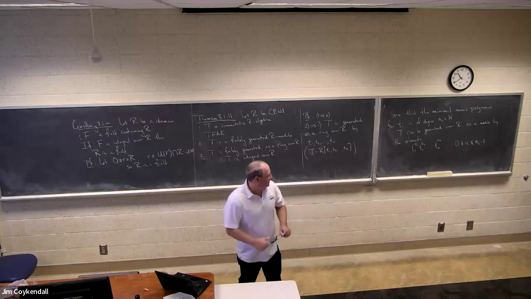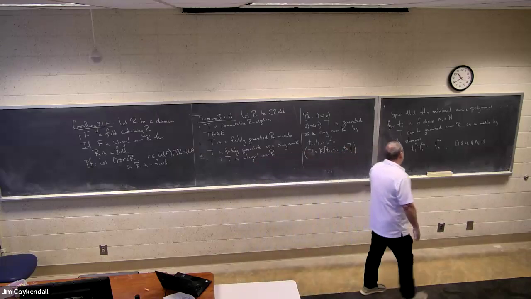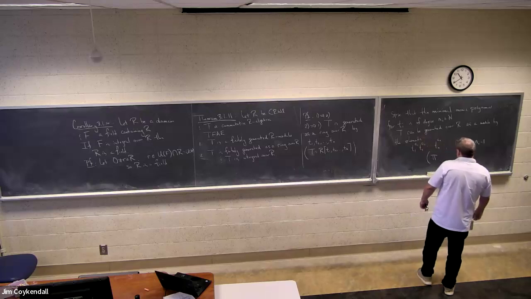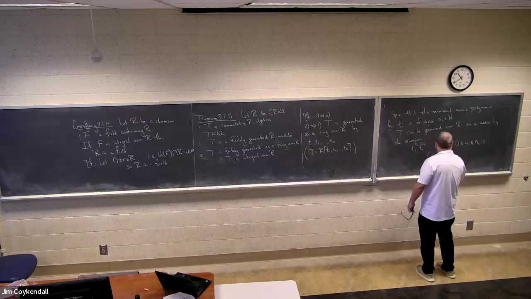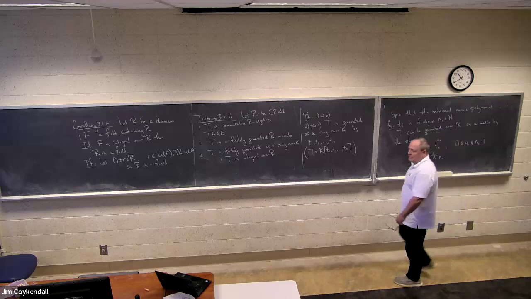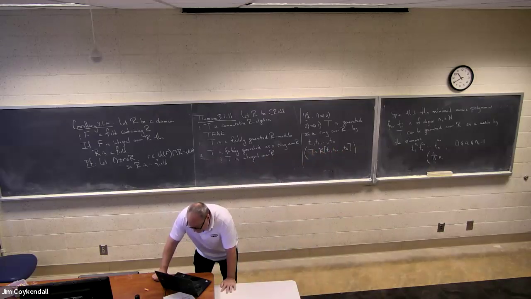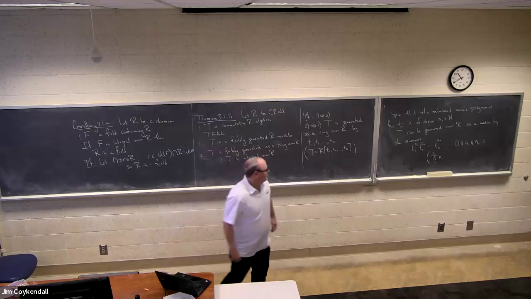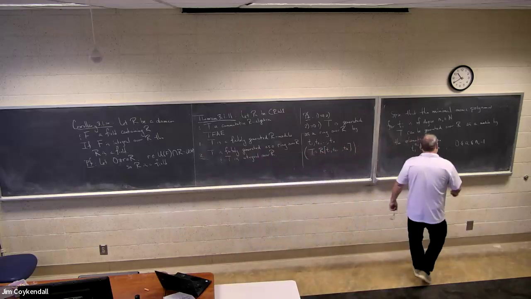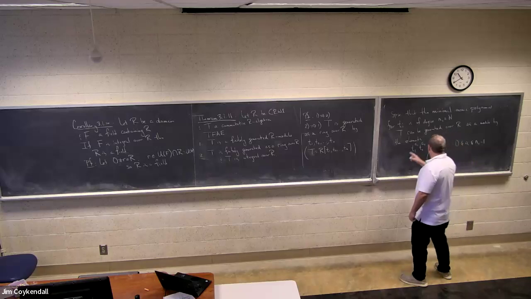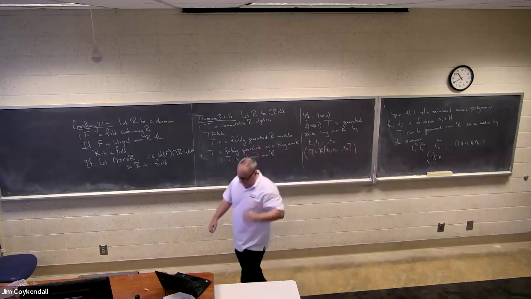So you generate this as a module by, since these can all go between 0 and ni minus 1, I guess you get the product of the ni. Yeah, that's right, because you start counting at 0.